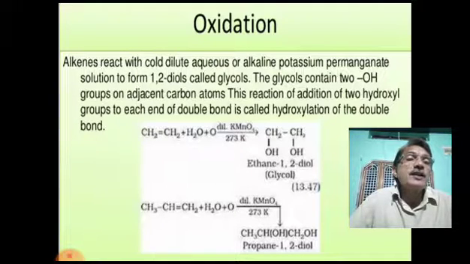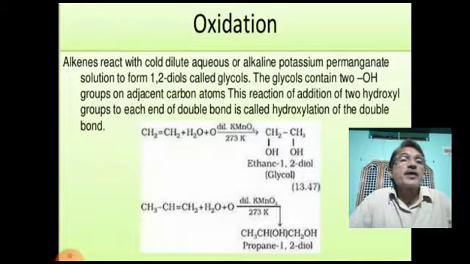So when ethene undergoes oxidation in the presence of dilute potassium permanganate, it gives ethylene glycol or 1,2 ethane diol. Similarly, when propene undergoes oxidation in the presence of dilute KMnO4 at about 273 Kelvin temperature, it gives propane 1,2 diol.